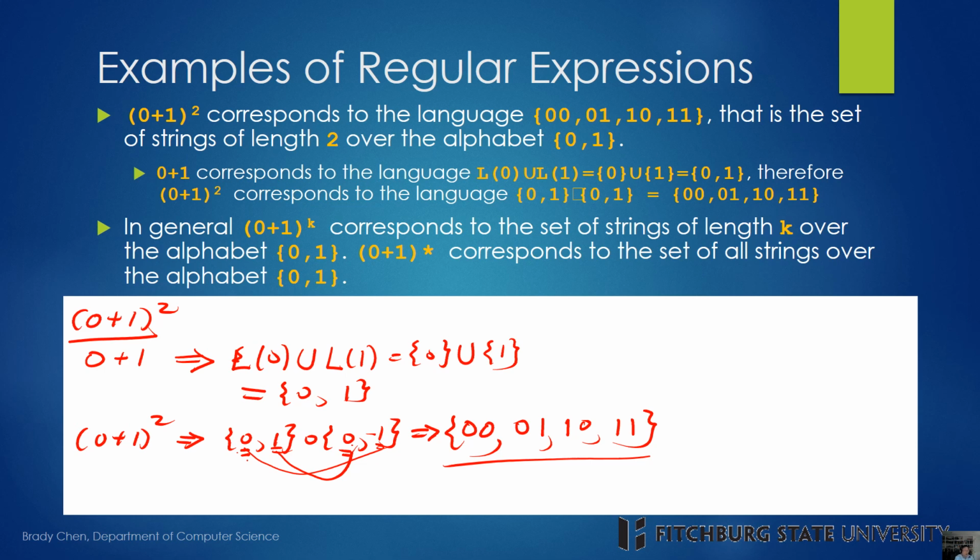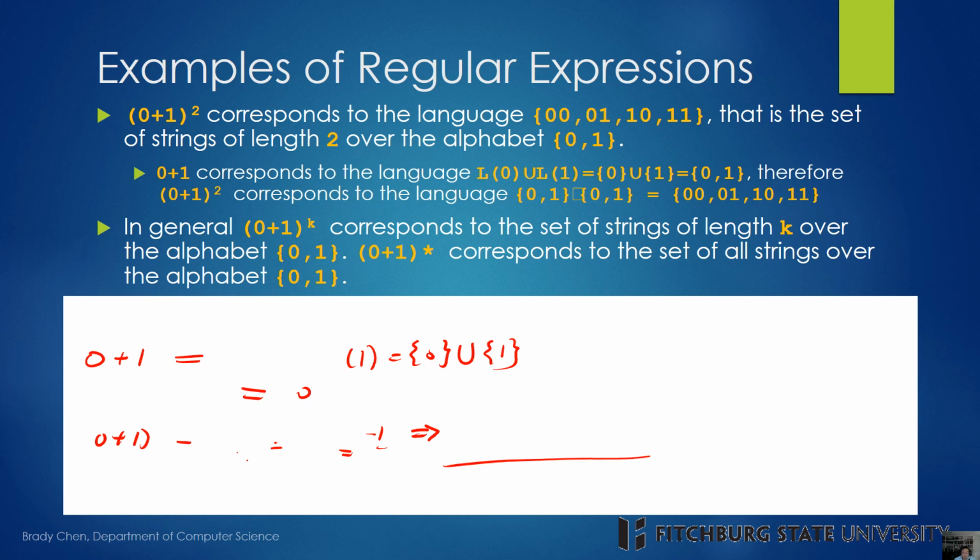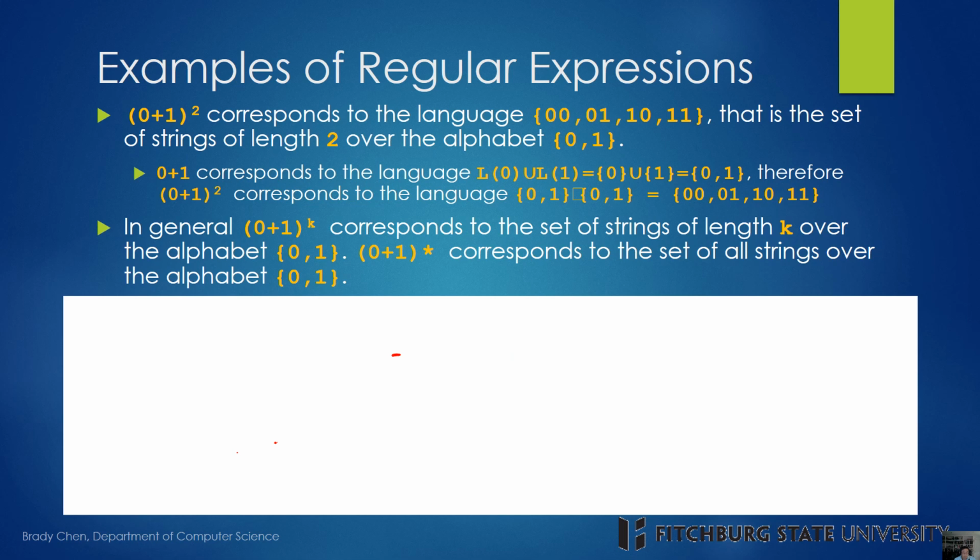Now let's look at the second example. Let's first erase the first one because we're running out of space. So (0 plus 1) to the k.